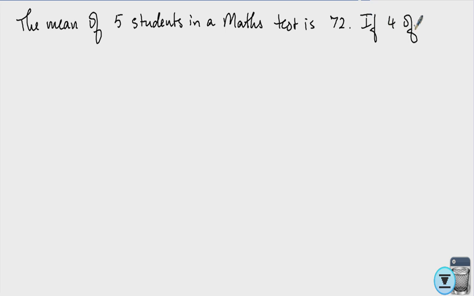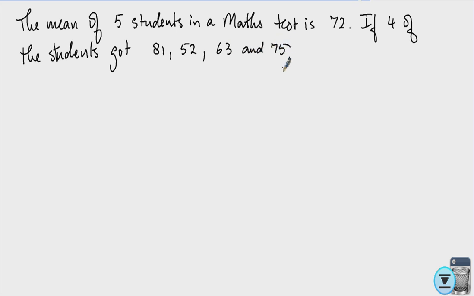If 4 of the students got 81, 52, 63, and 75, how much did the 5th student get?